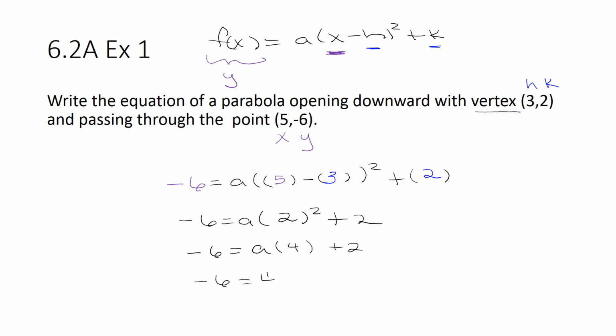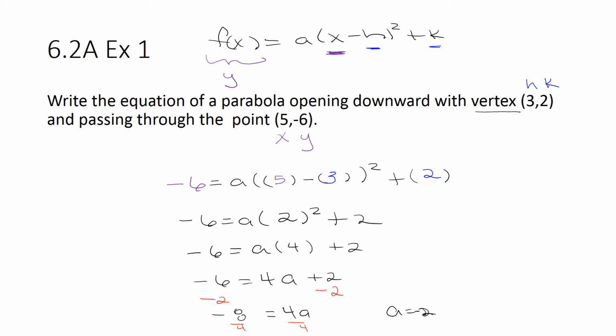So we have negative 6, and I'm just going to rewrite this for a plus 2. So in order to solve for a, you're just going to subtract 2 on each side. 4a is equal to negative 8. Divide each side by 4. A is equal to negative 2.